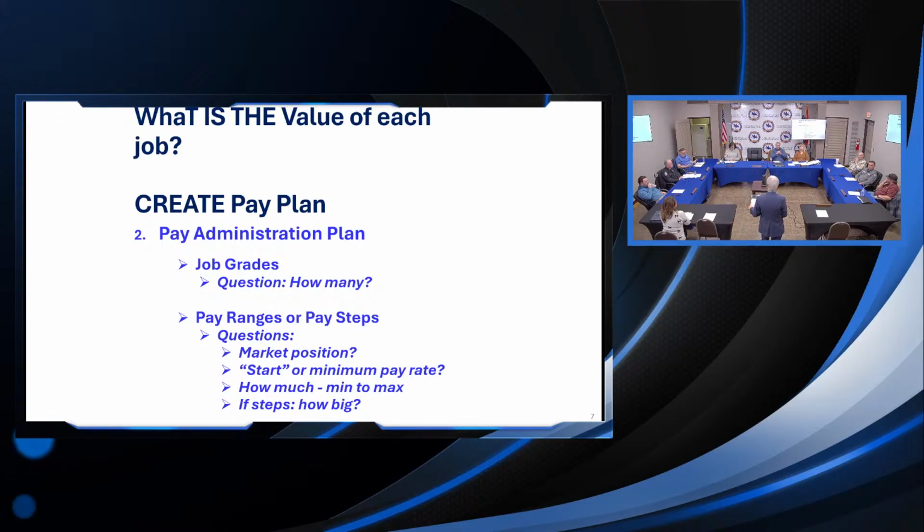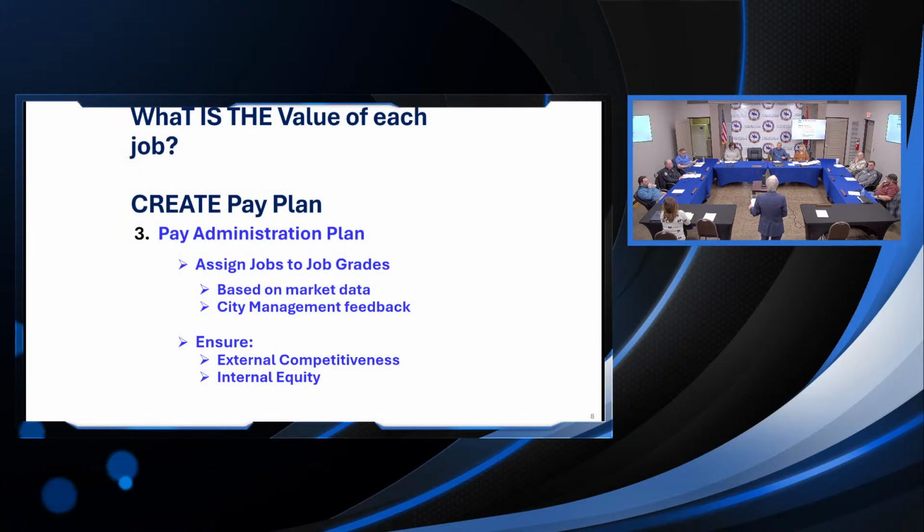Okay? All right. Yes. I've seen 2 different sheets. One of them seems to do the range and the midpoint, and the other one has steps. So when we're actively doing the range right now, is that correct? Yes. When he did the pay study back in 2020, I think is when it was finalized.